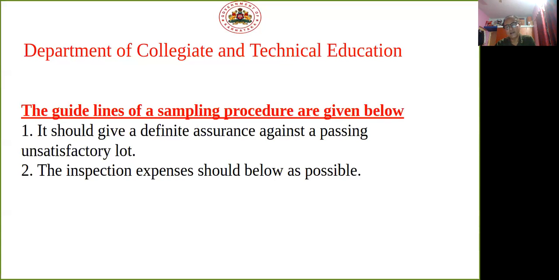We are inspecting only a few items, not going for 100% inspection. So these are the guidelines we need to follow before going for acceptance sampling.